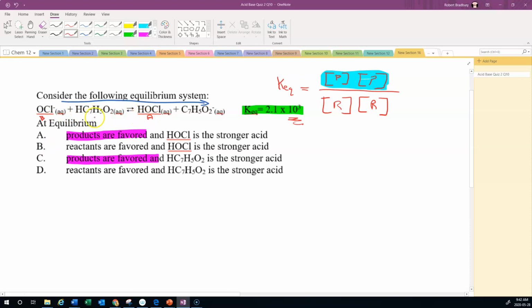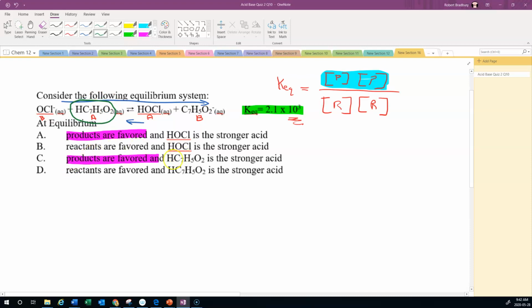If I look at this, oh, this must be the acid, and this must be the base. So what do we know? The strongest acid is going to shift it to the other side. It's going to drive that reaction forward, because our weaker acid is only going to try and push it back a little ways. So we thus should be able to determine that our stronger acid must be this here.